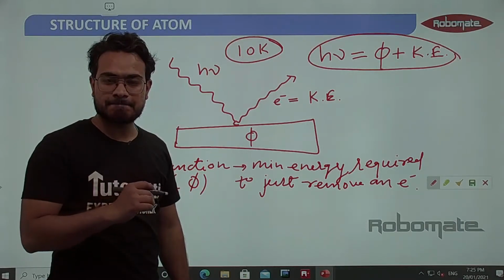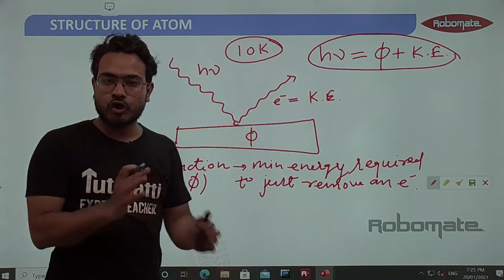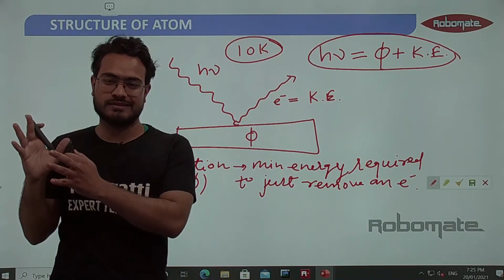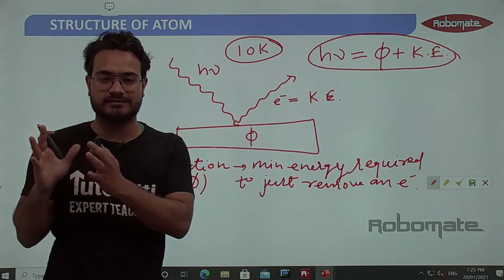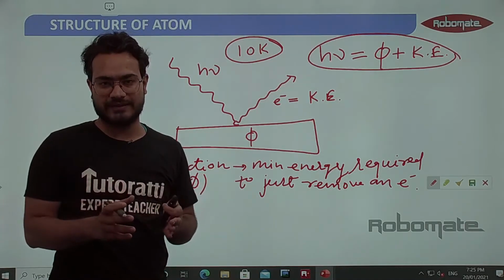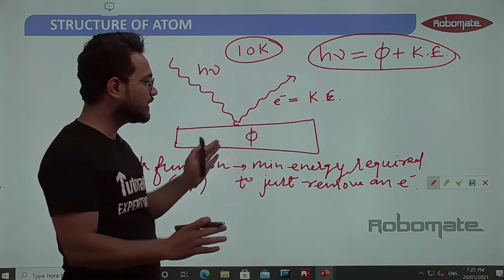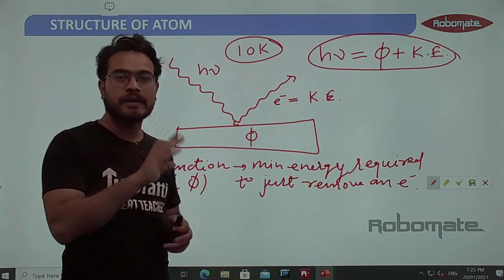Tell me guys, will he forgive? Will not move out. Exactly, Sarthak. 9,000 will have no effect. It will have no effect on the electron's life.